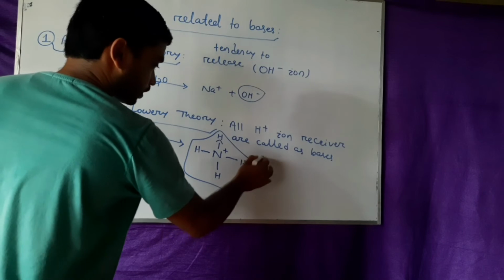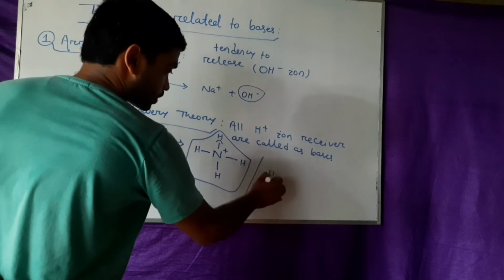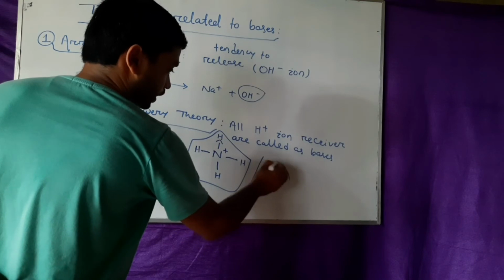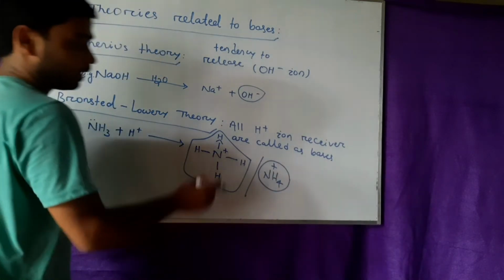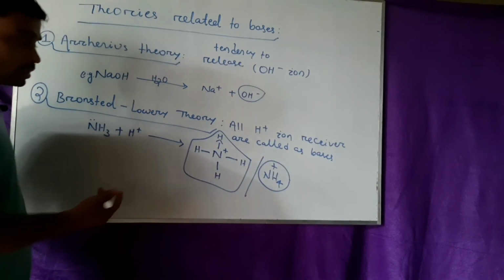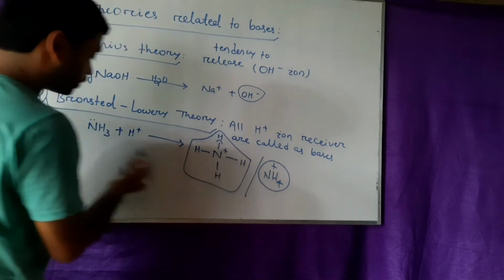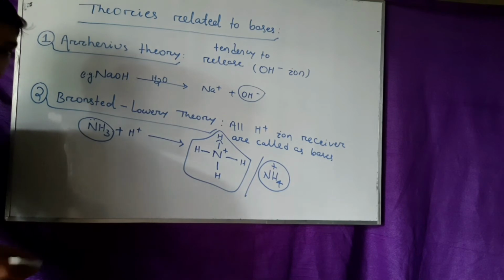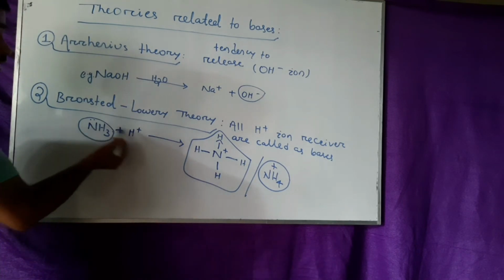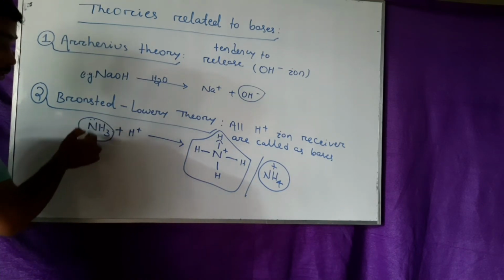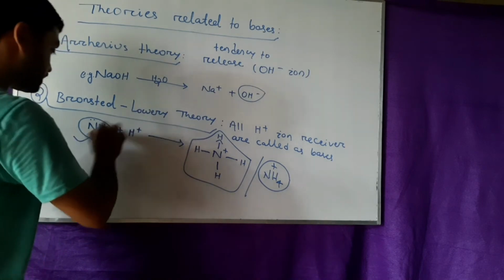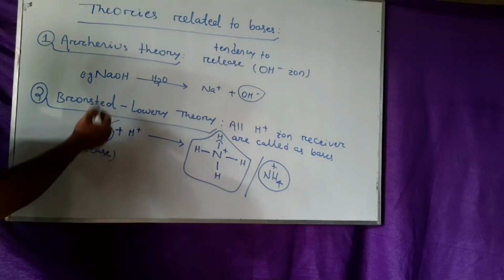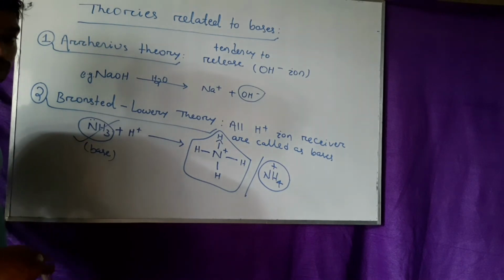It is nothing but the NH4 plus ion, called the ammonium ion. NH4 plus ion is an acid, but as NH3 receives H plus ion due to its lone pair of electron, NH3 is a base according to Bronsted-Lowry theory.